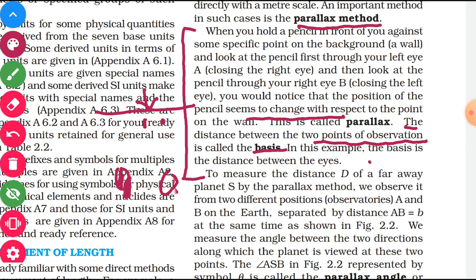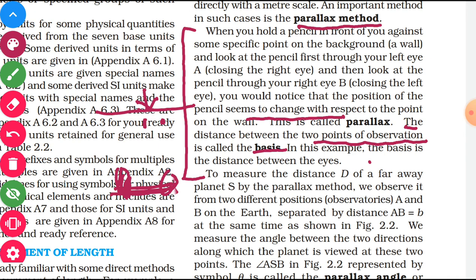You will be able to see this if you do this activity. This is known as the parallax. These two points of observation are the basis. In our example, the distance between the eyes is the basis.